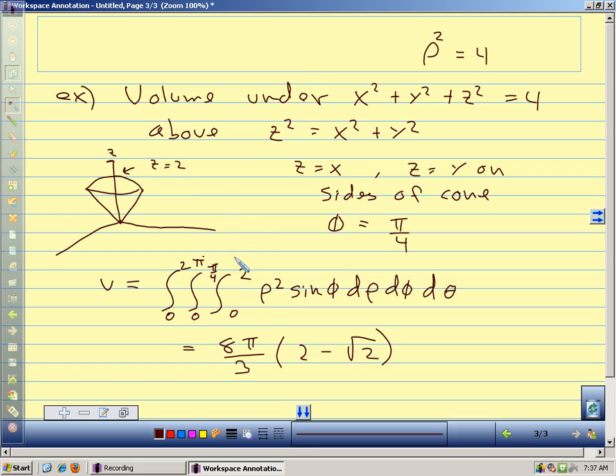We had to take into account a region in the xy plane in our limits of integration. Here we can go directly from our region to set up our integral, and this integral is really easy to evaluate. So if you have a region that has spherical symmetry about the origin, spherical coordinates usually are going to be very easy to evaluate.